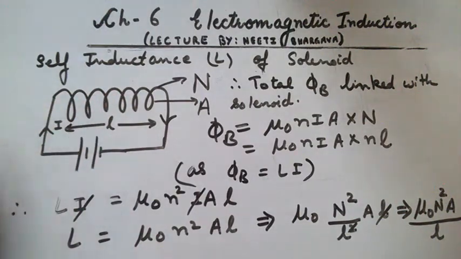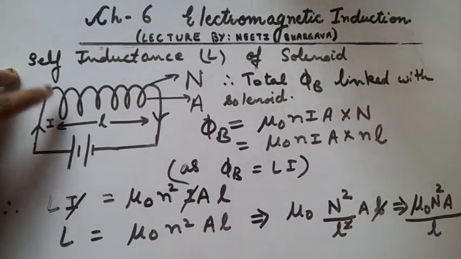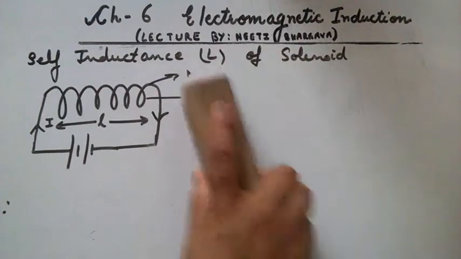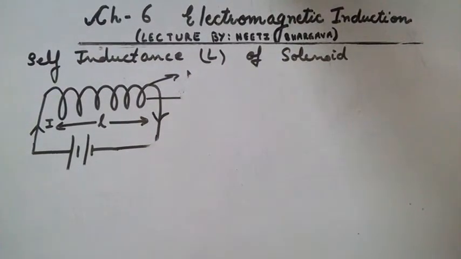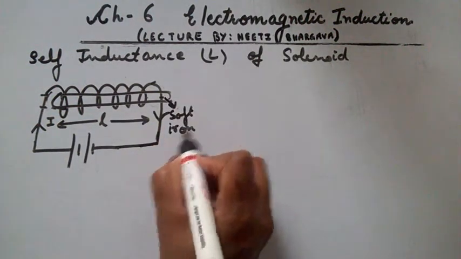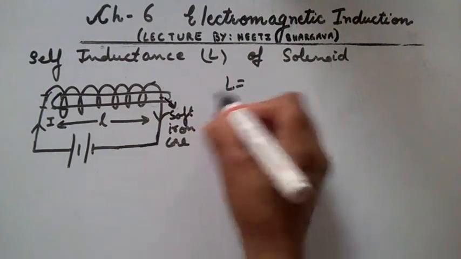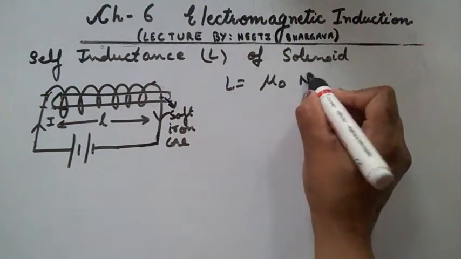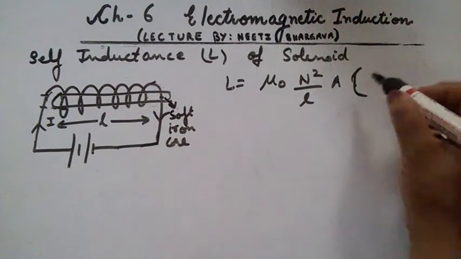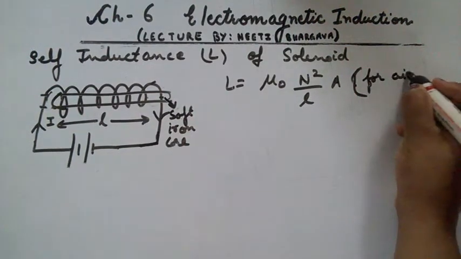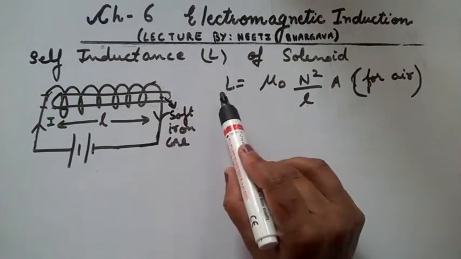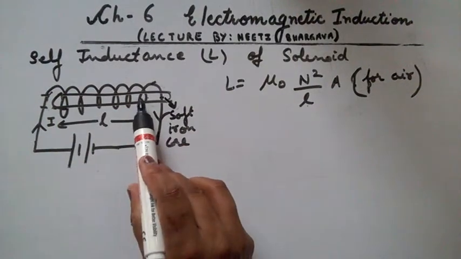And when this conducting coil is wound over a magnetic material like a soft iron core, we have studied that L equals mu naught times N square by l into A when air is filled in a coil. L depends on the number of turns, length and area, and it also depends on the core which we are using inside the coil.